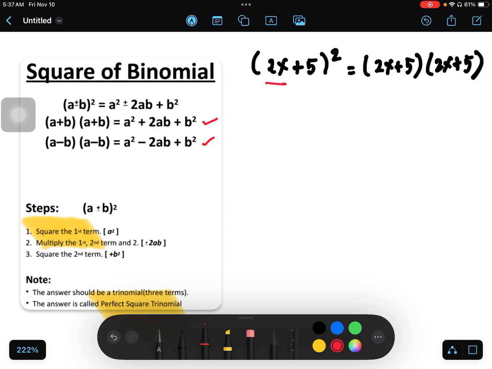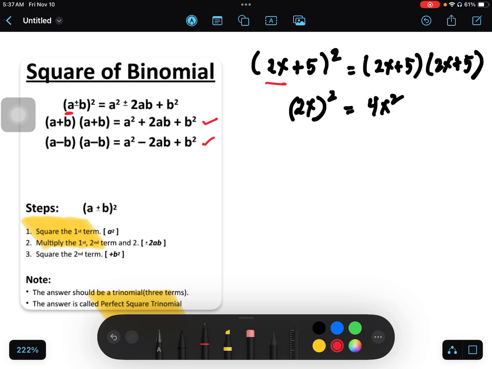And this is representative of the term a in our pattern. So if you square 2x, the answer would be 4x squared. Let's put it here: (2x) squared becomes 4x squared. The second step is to multiply the first and the second term and 2.